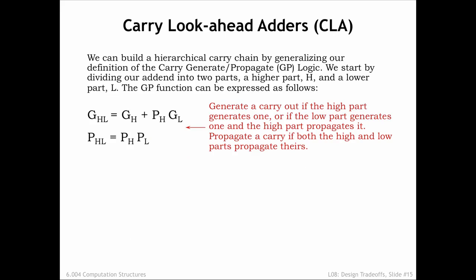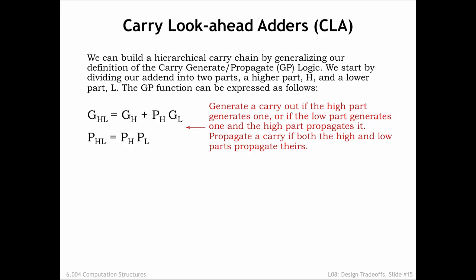Now consider two adjacent adder modules in a larger adder circuit. We'll use the label H to refer to the high order module and the label L to refer to the low order module. We can use the generate and propagate information from each of the modules to develop equations for the carry out from the pair of modules treated as a single block.